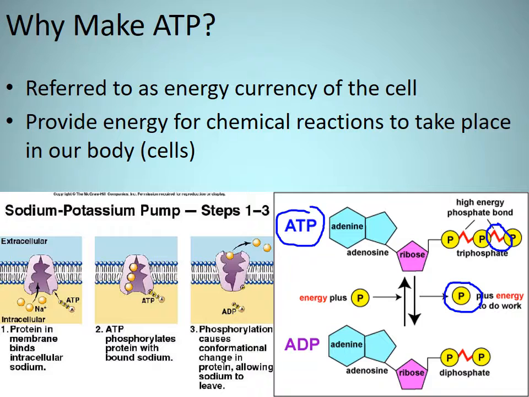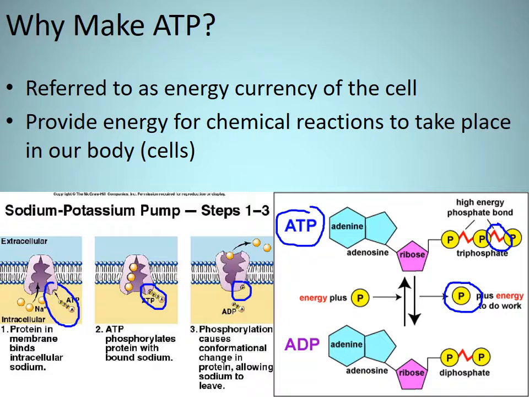Again, we see here the sodium-potassium pump, ATP coming into the pump, attaching. Remember, the specific enzyme that attaches the phosphate group to the pump would be your kinase enzyme. Once the phosphate group is attached to the pump, there's a transfer of free energy from ATP to the pump.